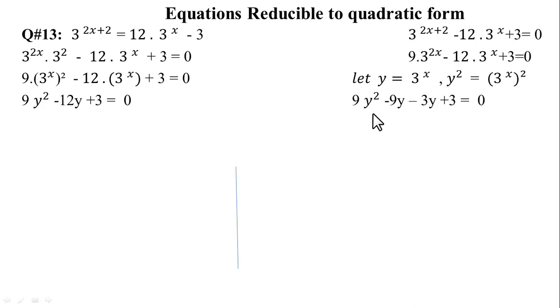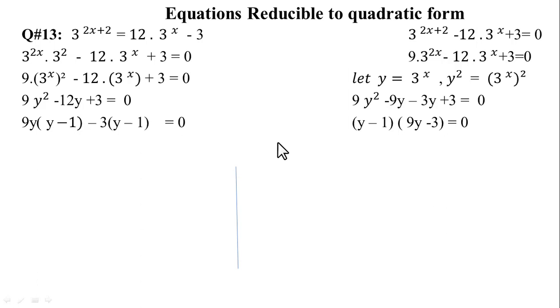So taking common from the first two terms 9y, and from the second two terms minus 3. Then 9y into y minus 1 and minus 3 into y minus 1.